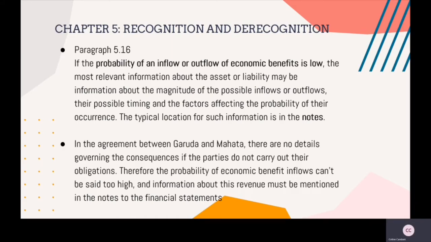Then the typical location for such information is in the notes. In the Garuda Indonesia case, in the agreement between Garuda and Mahata, there are no details governing the consequences if the parties do not carry out their obligations. Therefore, the probability of economic benefit inflows can be set too high, and information about this revenue must be mentioned in the notes to the financial statement.